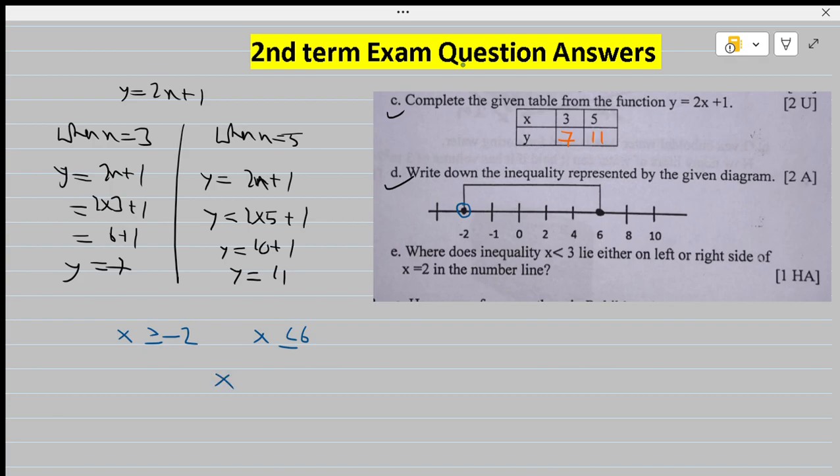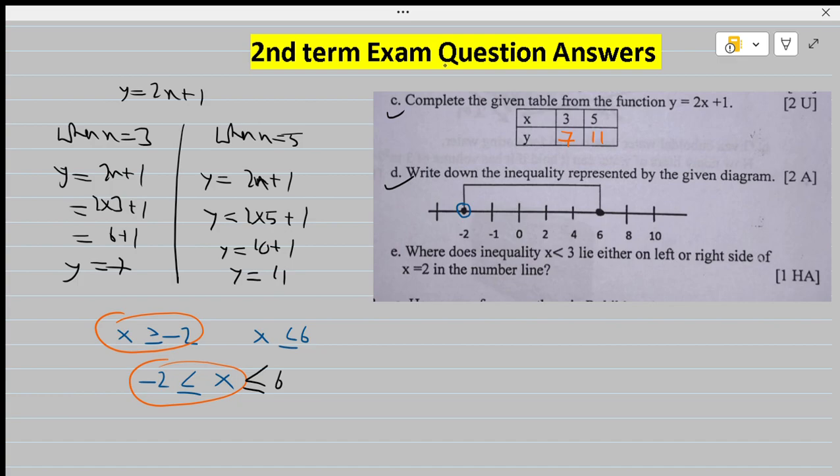Here x is greater than -2, so let's write it this way by flipping, keeping x in the middle. Then x is lesser than 6, and equal to 6 also. So we read this as x is greater than or equal to -2, and lesser than or equal to 6.